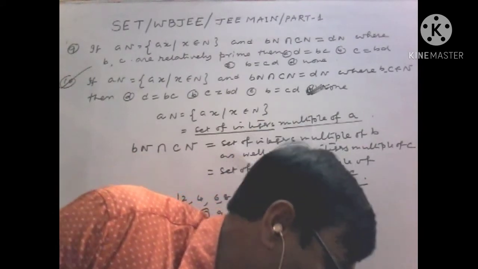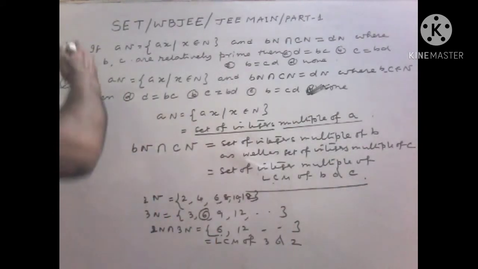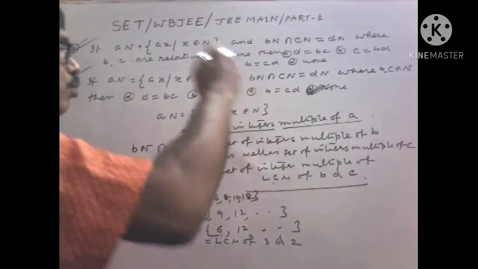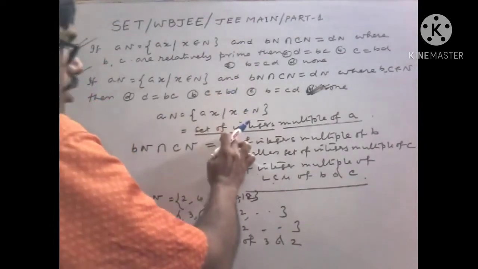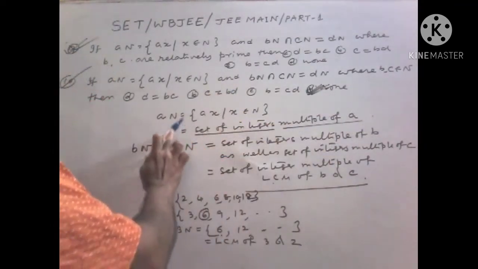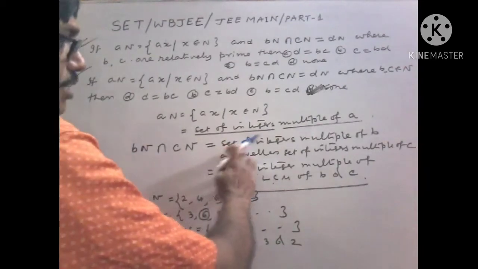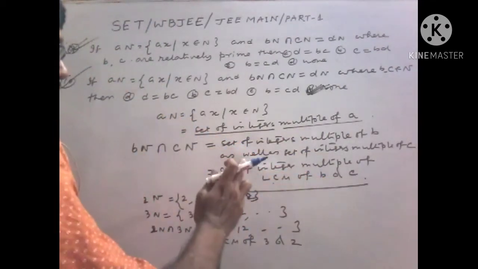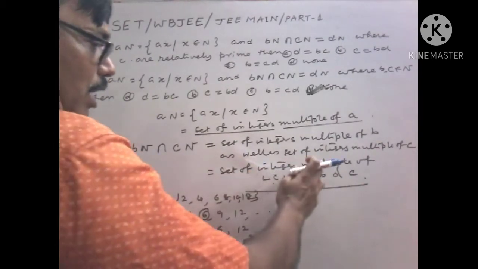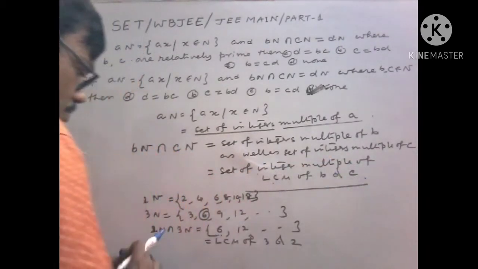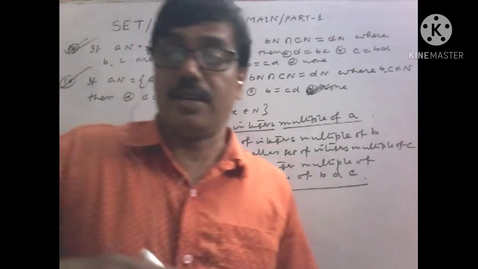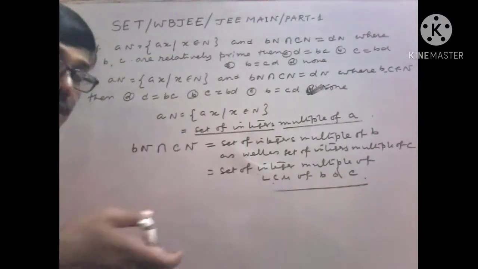Now we consider problem number 9. Exactly the same, but one condition is imposed. Bn intersection Cn is the set of integers that are multiples of b as well as c, so multiples of the LCM of b and c. Here one condition is given: b and c are relatively prime.